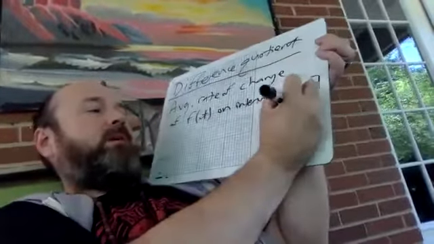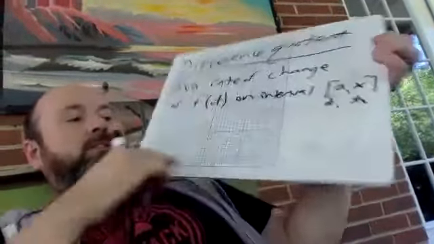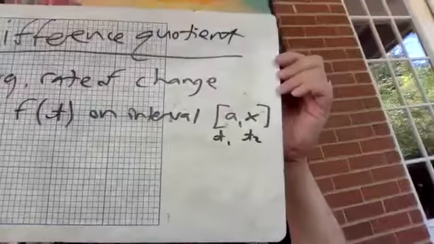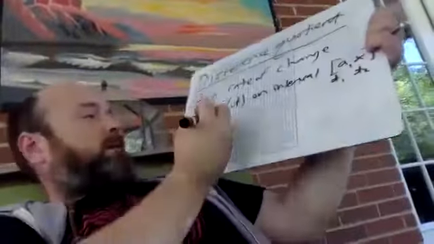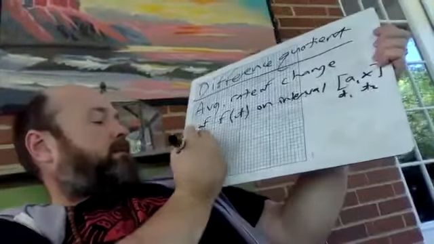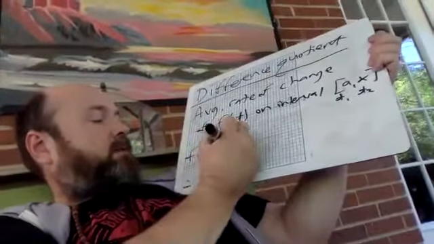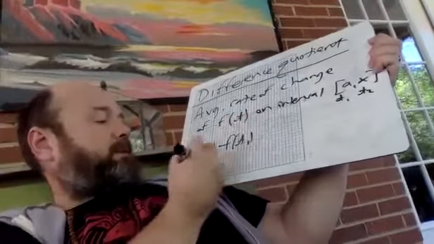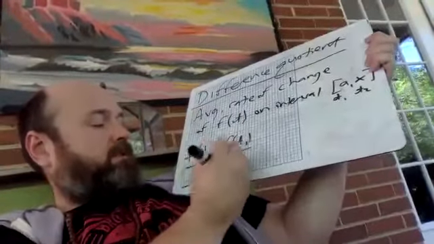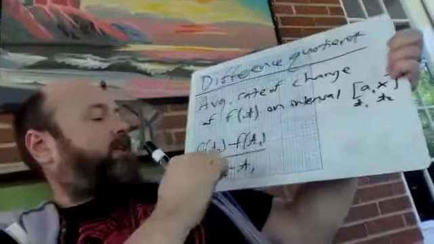So that's t1, and that's t2, aka f of t2 minus f of t1 over t2 minus t1, the average rate of change.